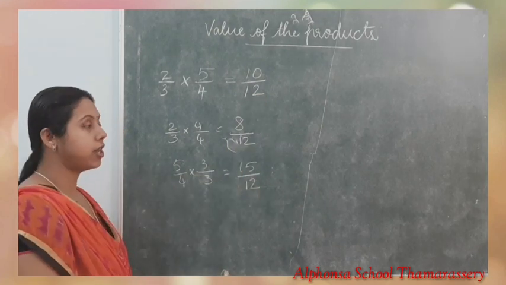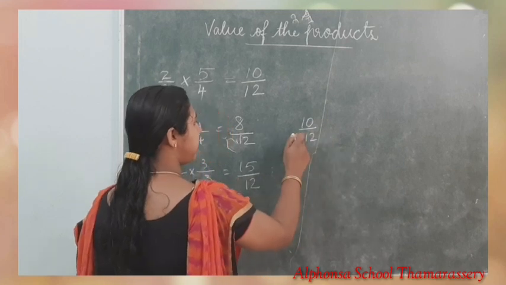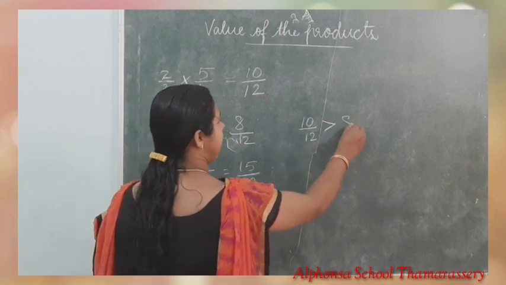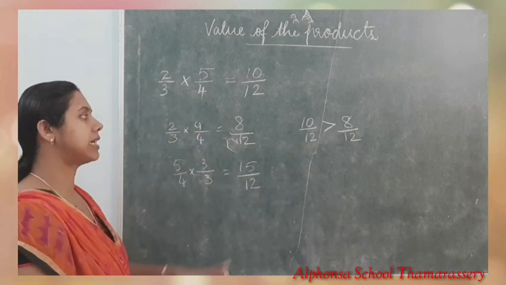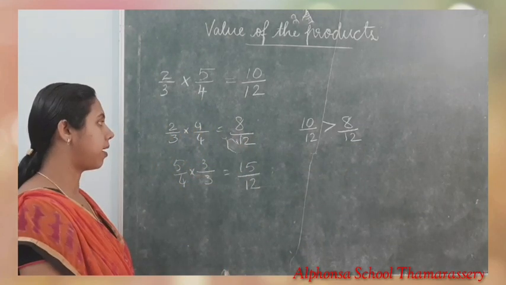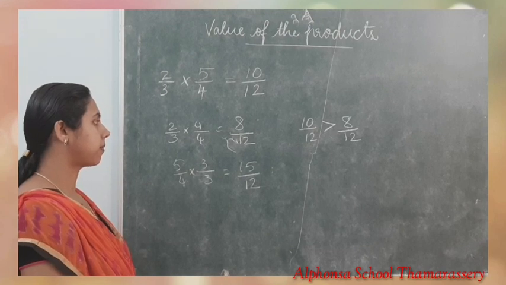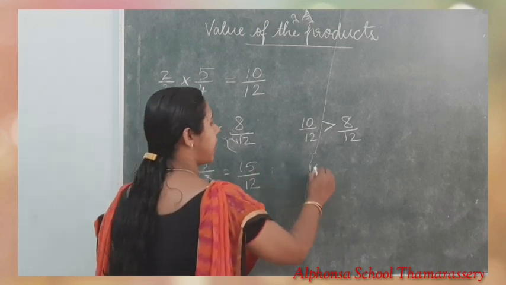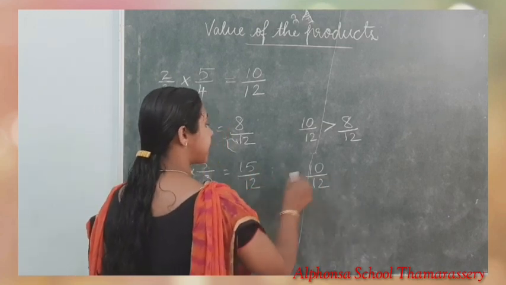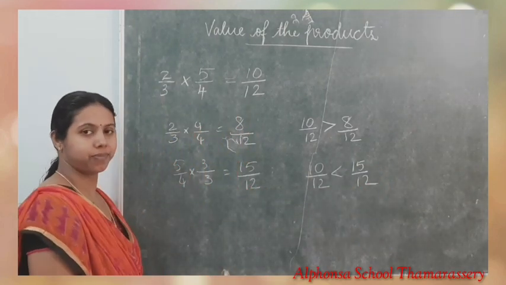You can see that 10 by 12, that is the product, is greater than 8 by 12. Then 10 by 12 is smaller than 15 by 12.